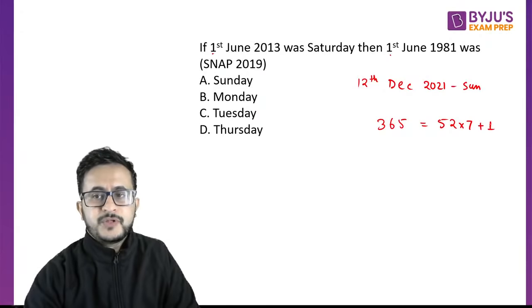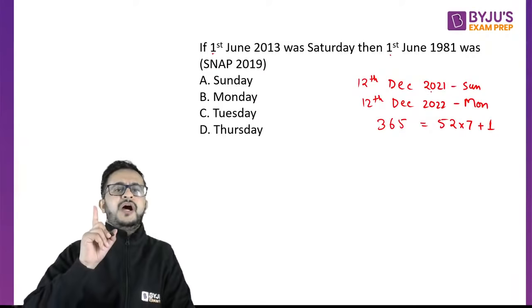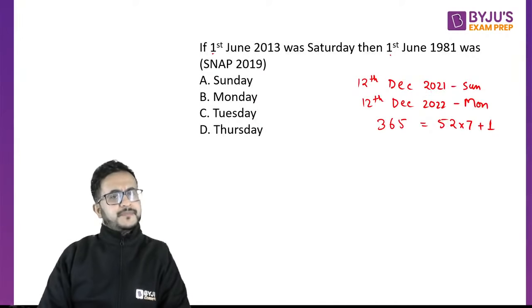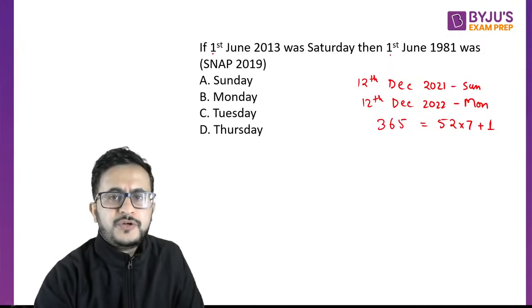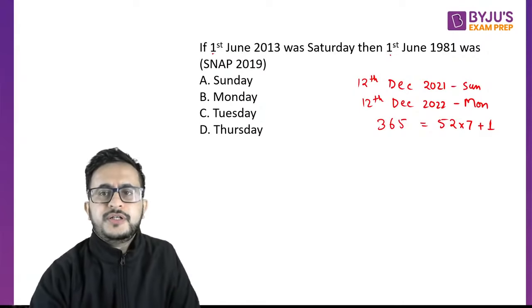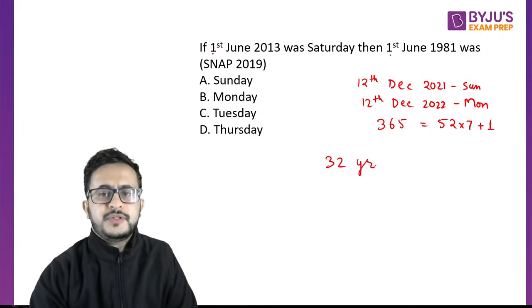One extra day. So that means कि 12th of December 2022 will be a Monday. So every year you have one extra day. Okay? Now 1st of June 2013 to 1st of June 1981, right? That is 32 years back.